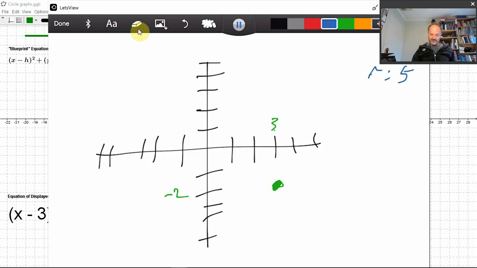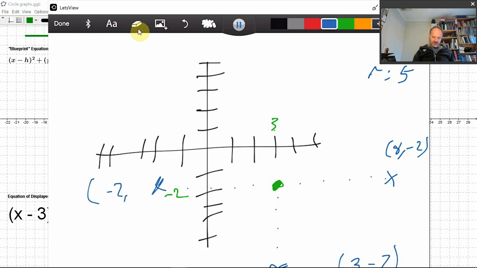So I go 1, 2, 3, 4, 5 up to here, which is (3, 3). 1, 2, 3, 4, 5 right to here, which is (8, minus 2). 1, 2, 3, 4, 5 down to here, which is (3, minus 7). 1, 2, 3, 4, 5 across here, which is (minus 2, minus 2).